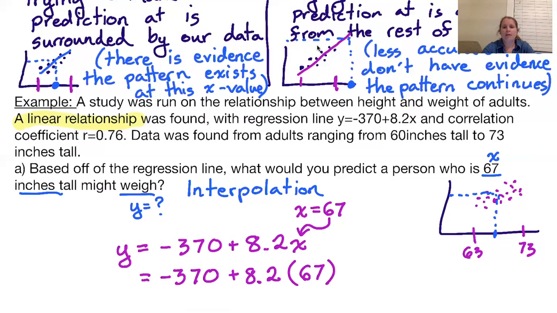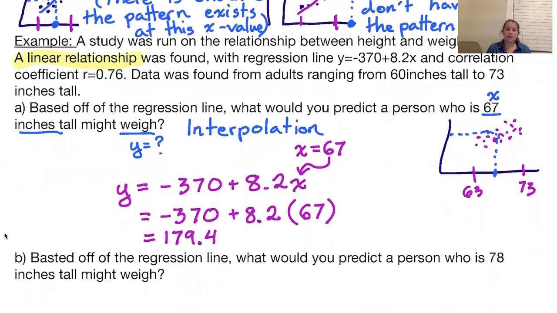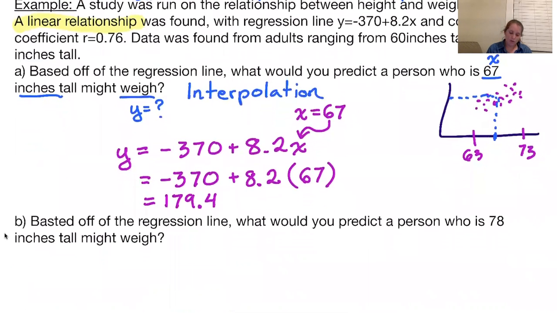If we do this calculation, we wind up getting, oh, sorry, I just clicked away from the screen. We wind up getting 179.4. So remember, when we are using a mix of addition and multiplication, multiplication comes first.